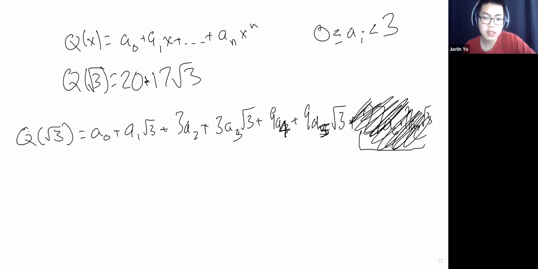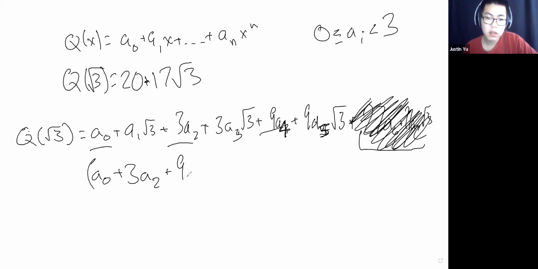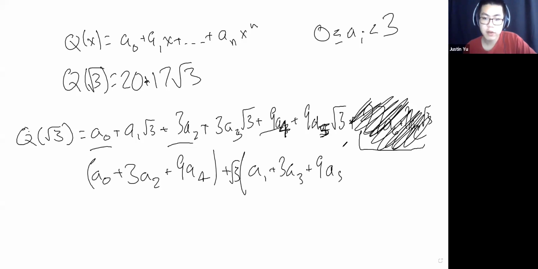So what are we looking at? We are looking at this. And it turns out we can even factor this. Let's group them into integer parts and root 3 parts. Root 3 times a1 plus 3a3 plus 9a5. All right, and this is 20 and this is 17.